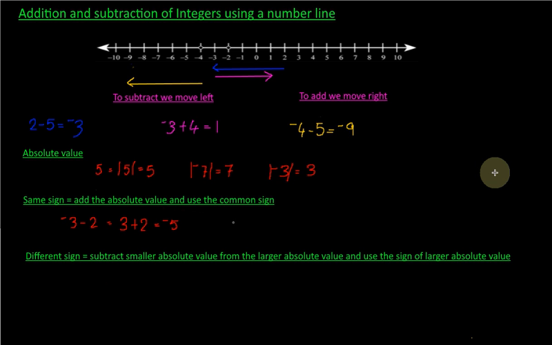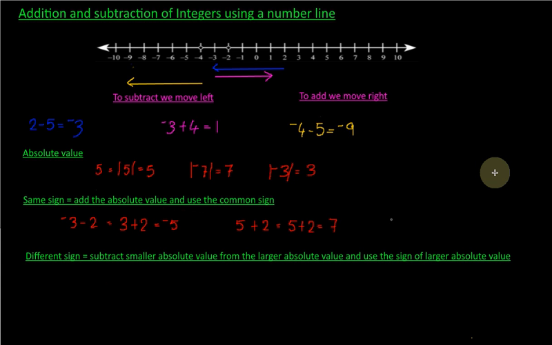Now let's check another example, that is 5 plus 2. The signs are the same, so what I have to do here is add the absolute values, that is 5 plus 2 equals 7. Here the sign is positive, so it is a positive sign.